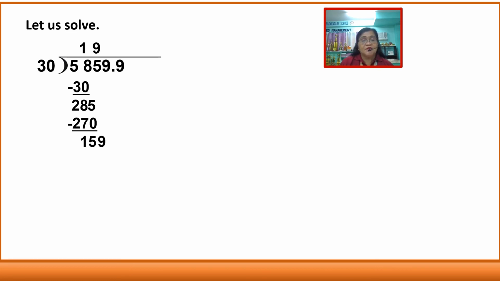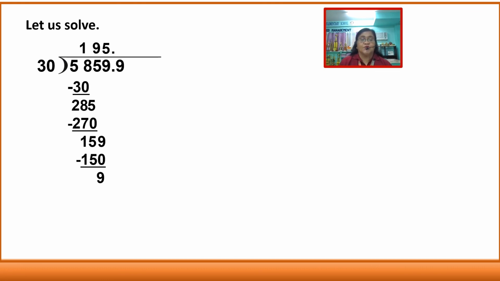159 divided by 30 is equal to 5. 5 times 30 is equal to 150. 159 minus 150 is equal to 9. Before we continue, as you can see, the decimal point is already there in the dividend, so you also have to write it on top, aligned with the decimal point inside the dividend.